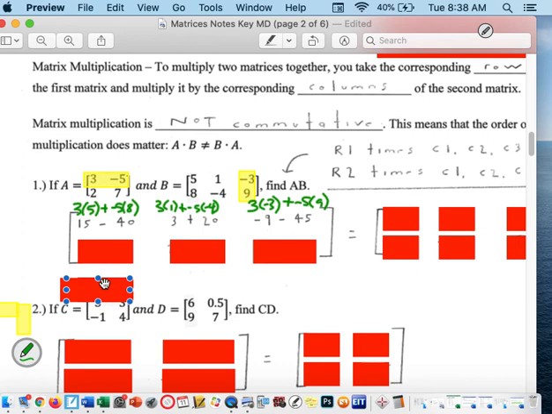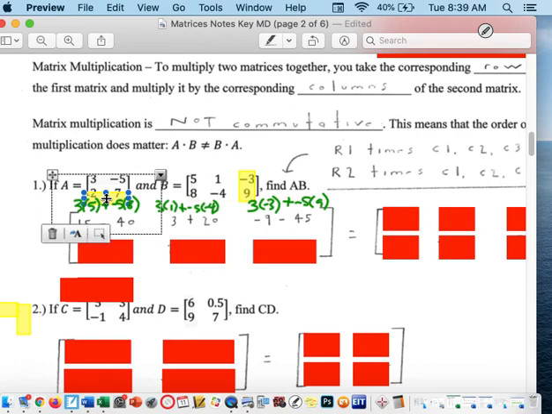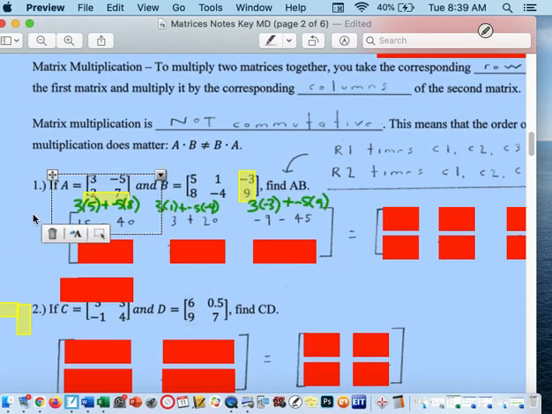Second row, we're going to shift down, and we're now going to use the 2 and the 7. I've got so much going on here.